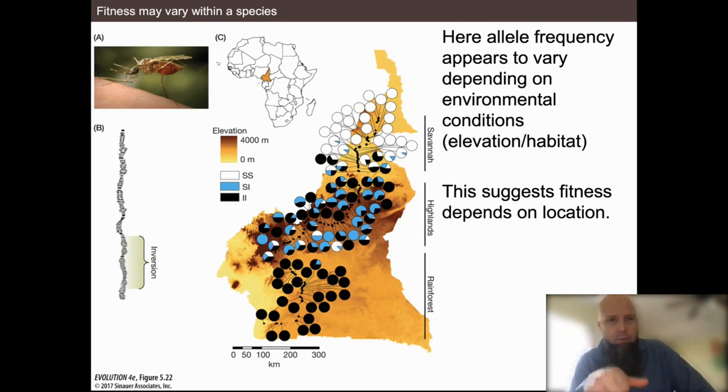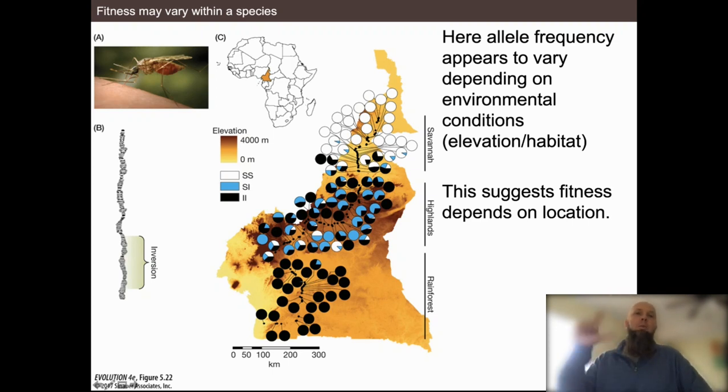So the little blue, white, and black color codes here indicate whether you are homozygous for the inversion, that's black, heterozygous, where it's S and I, okay, that's blue, or homozygous for not having the inversion, white, homozygous for S.